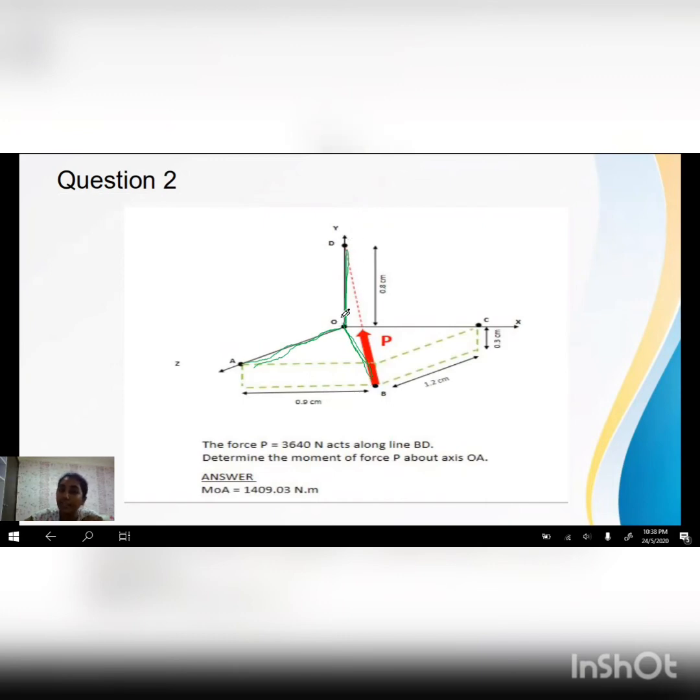So it can be ROD or ROB. Please remember that we don't simply take it, we need to look at the force. If OD connects to the force, we can use it. If OB connects to the force, we can use that as well. Like OA, it's not connecting to the force BD, so we can't take that.